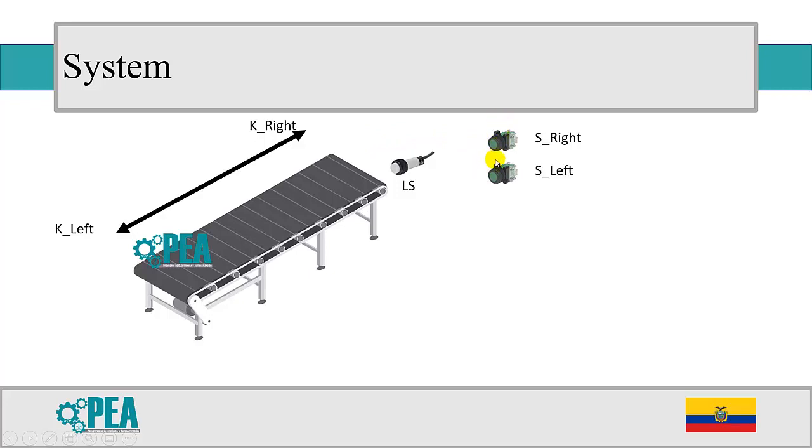So these will be the inputs of the PLC, the S right and the S left button, and the outputs of the PLC that make the motor move the conveyor to the right or to the left will be K left and K right. These are nothing more than the contactors that make the change in the sense of movement of the conveyor.